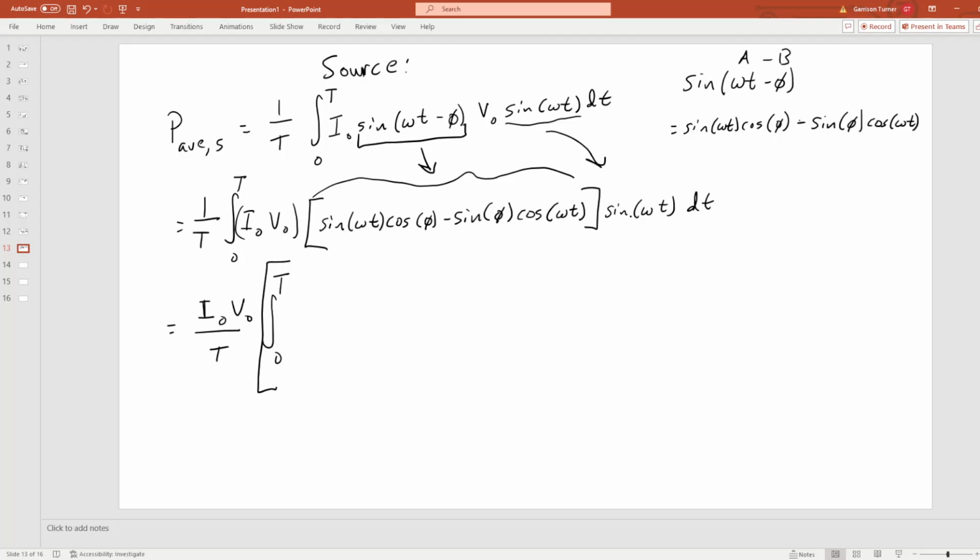So first things first, if I distribute this sine omega t through, I'm going to get cosine of phi times sine squared omega t, and then minus a second integral, which is going to read sine of phi times cosine omega t times sine omega t. Okay.